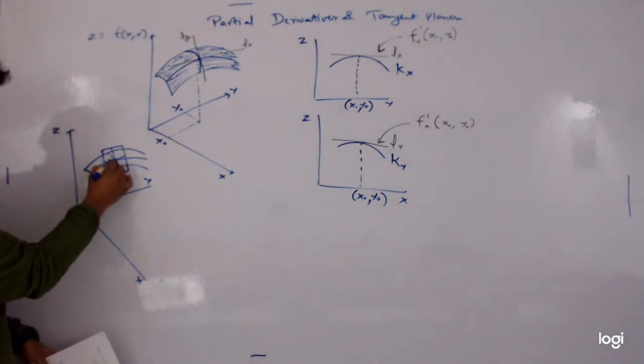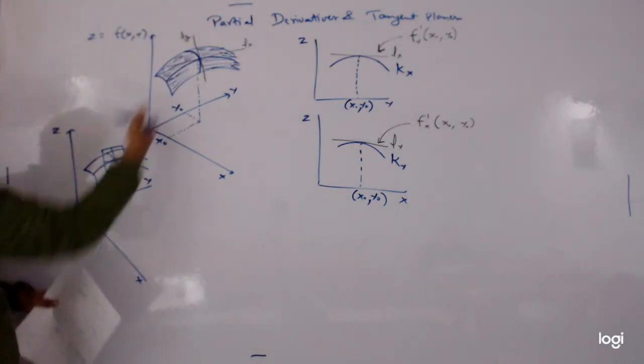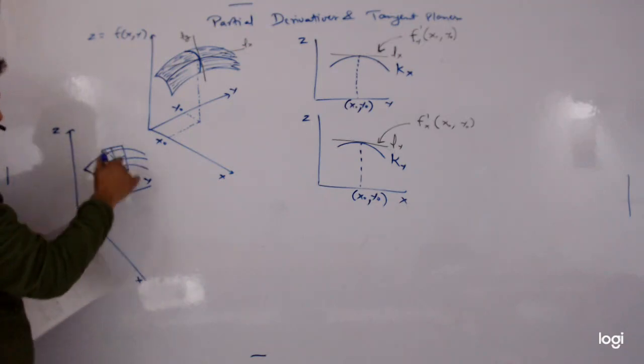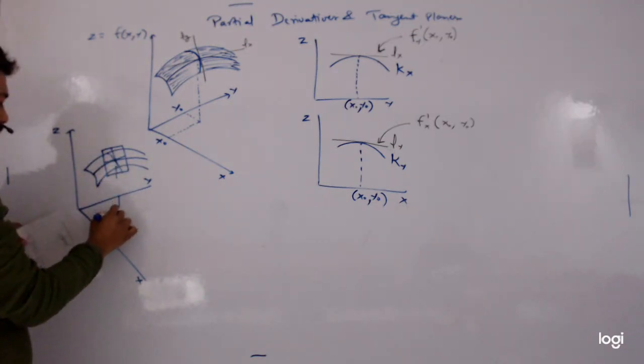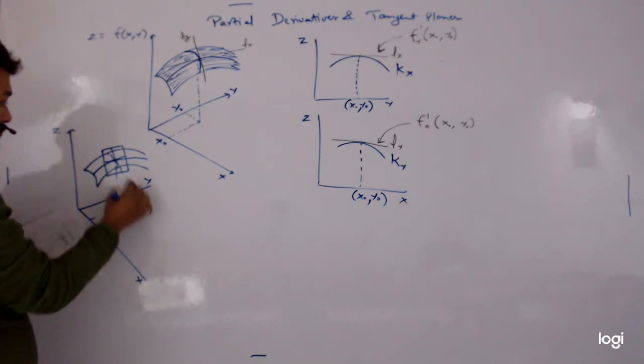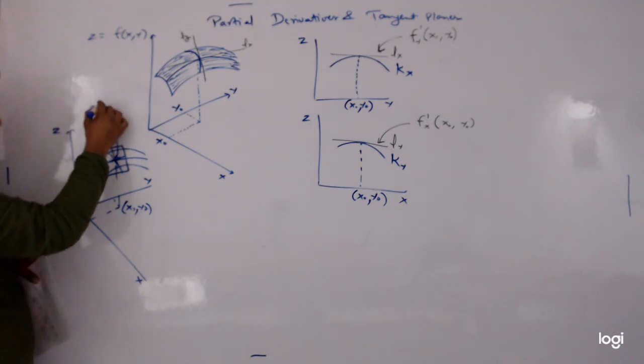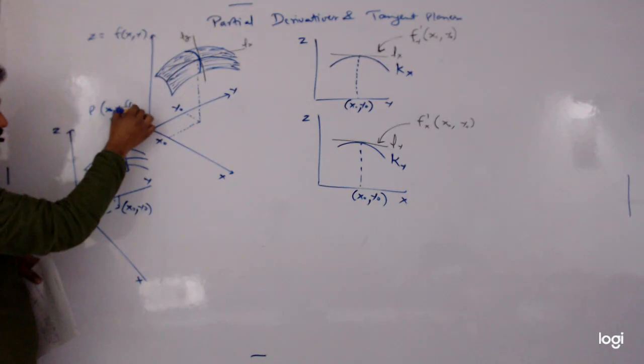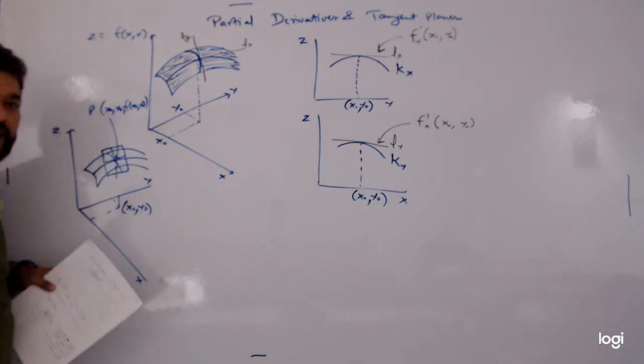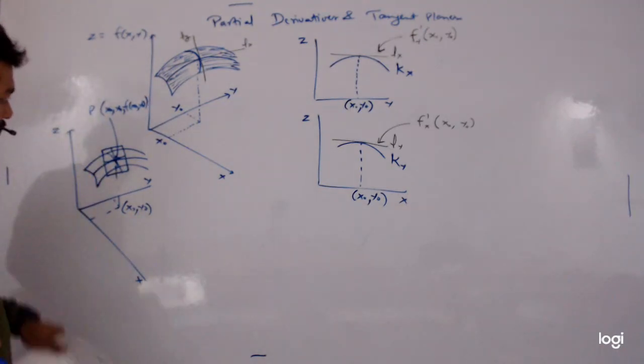At this point, let's call this point the same, these are essentially the same diagrams that I've drawn. This one P with coordinates x naught, y naught, and f of x naught, y naught on the z-axis.